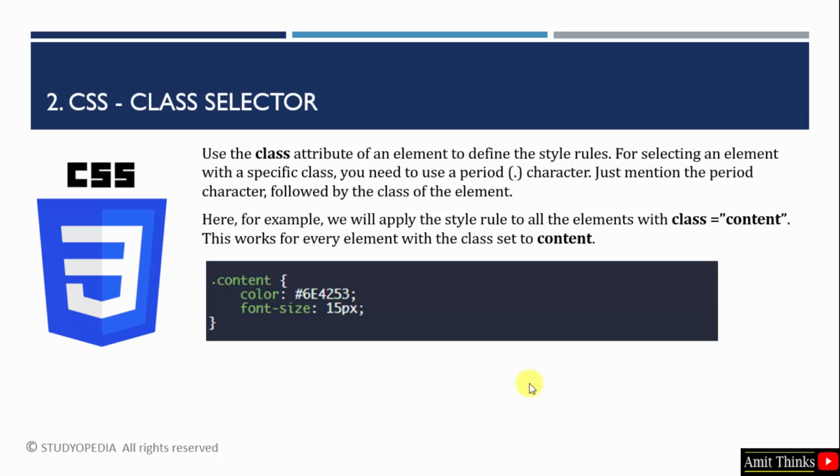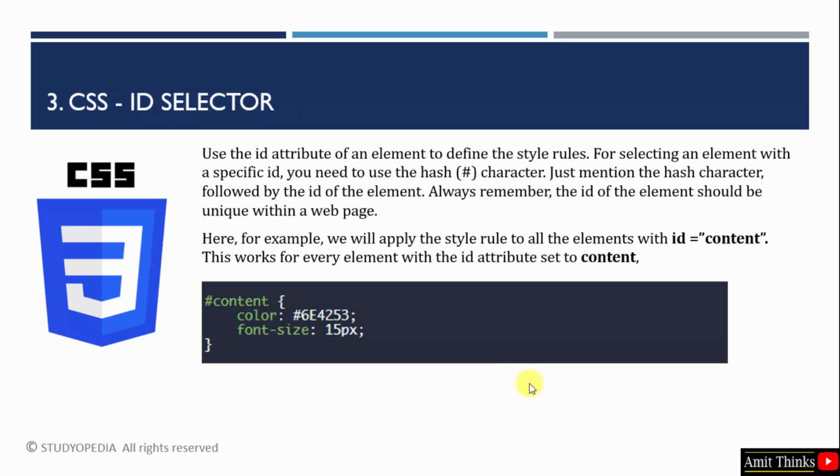So we saw how to work with the class selector. Now we have the ID selector. Like we worked with the class selector using the dot character, the period, here we will use the hash character. That's it. Let's say we have a content ID for our element, therefore we will style it using the hash character.